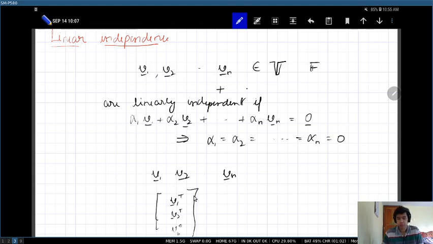Once you do row operations, if the number of non-zero rows is equal to n, then they are linearly independent. If the number of non-zero rows is less than n, then they are linearly dependent, right?